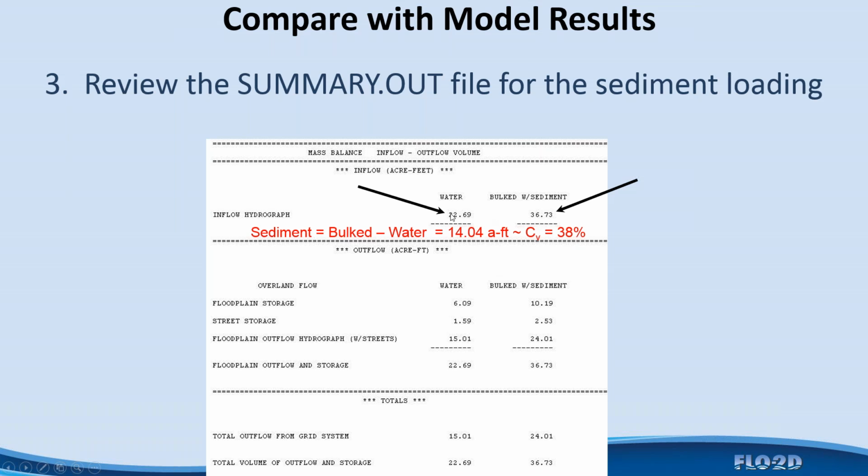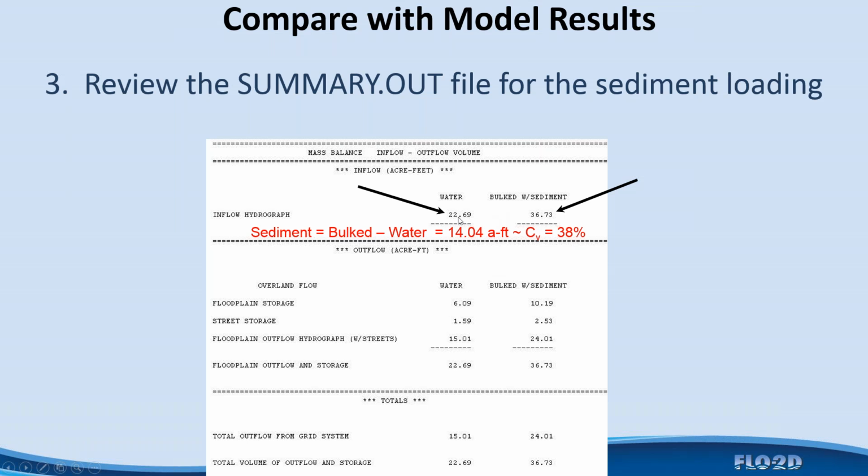It also would print out the hydrograph with the bulk sediment volume computed in it, the total volume of sediment computed in it, and base.out if you wanted to review the actual hydrograph. But this is the computed bulked sediment yield.